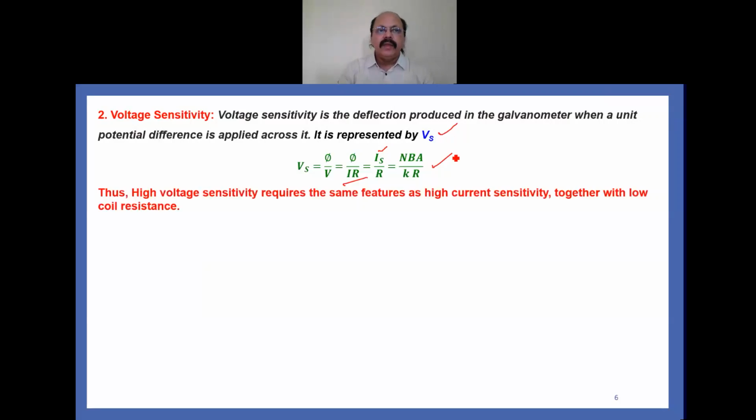Now, thus the high voltage sensitivity requires the same features as in the case of the current sensitivity.